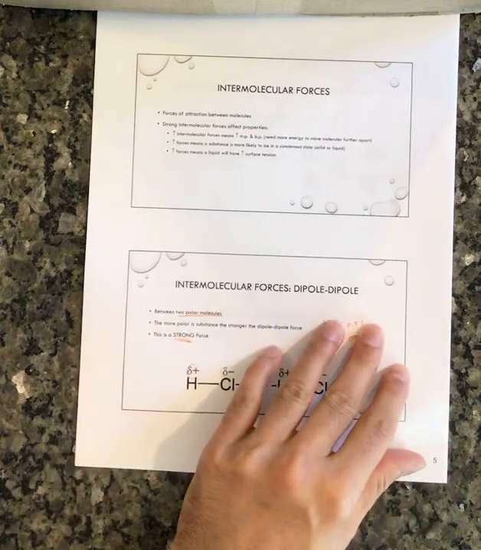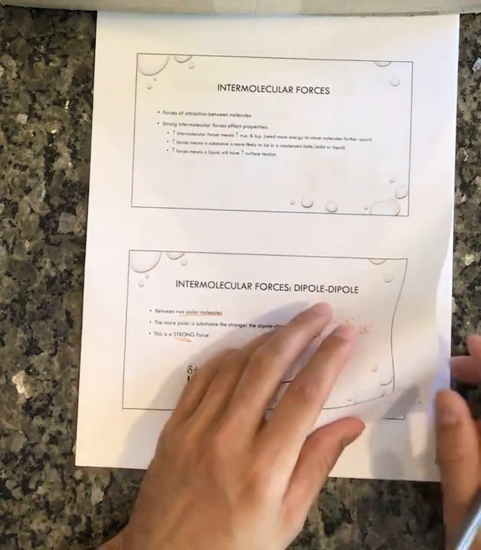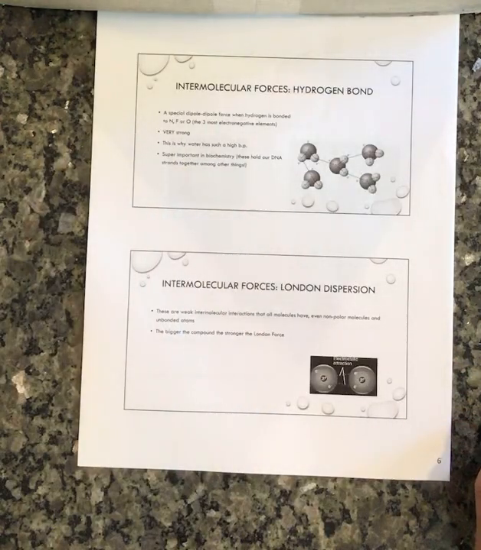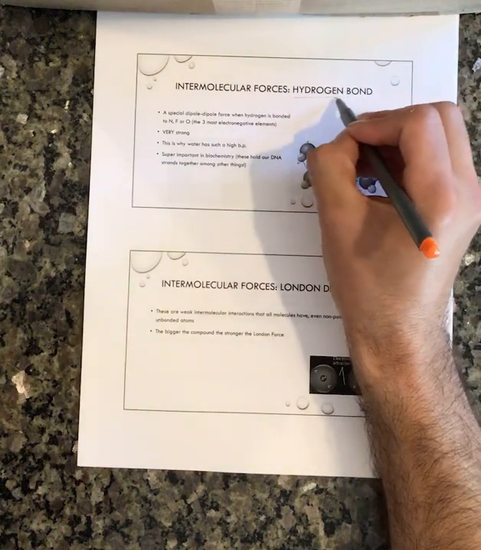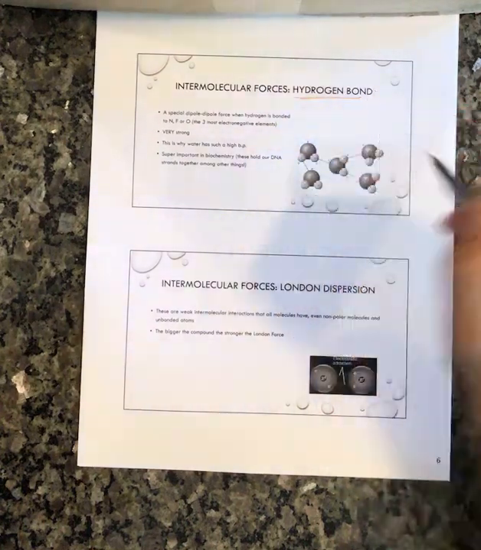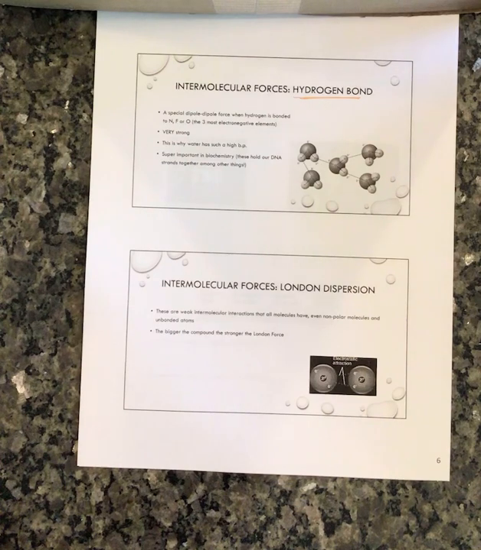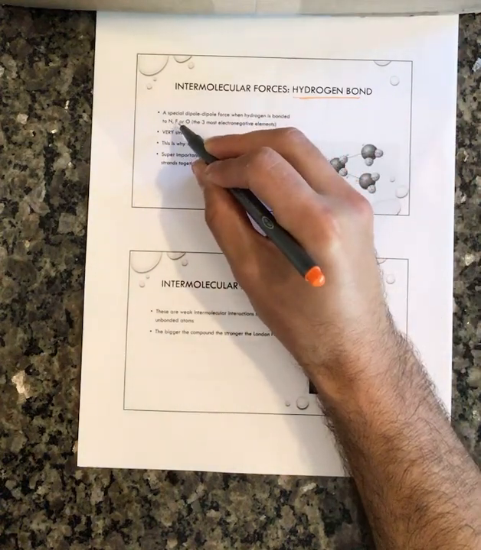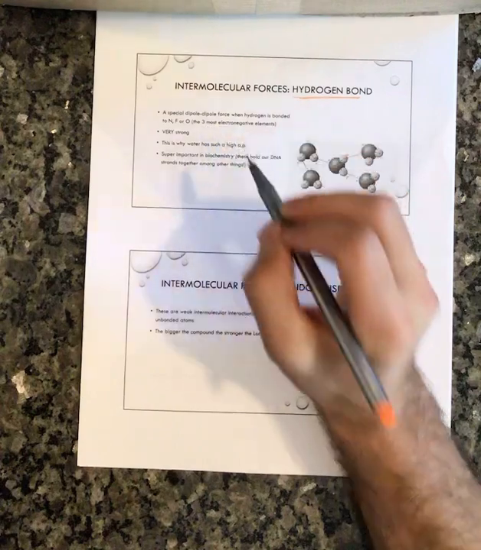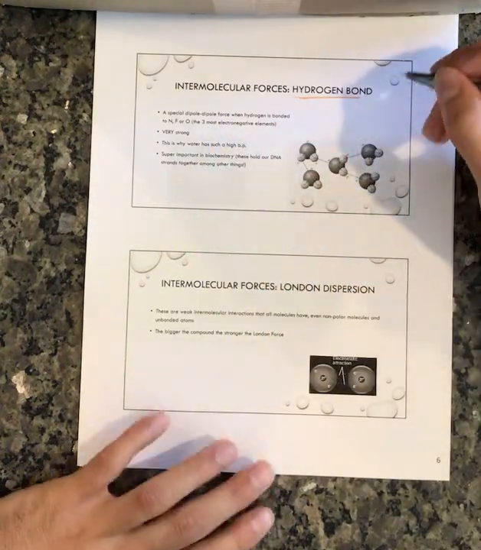Now, the next type of force that we could have is called a hydrogen bond. This is a type of dipole-dipole force. This only happens when you have hydrogen bonded to one of these three: nitrogen, fluorine, or oxygen, because these are the three most electronegative elements.